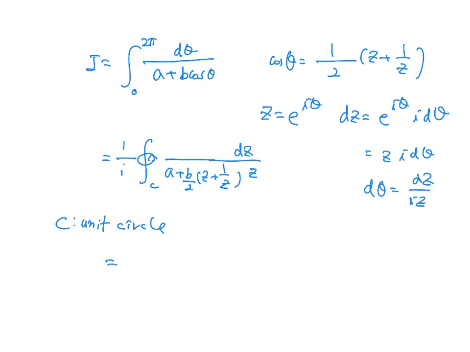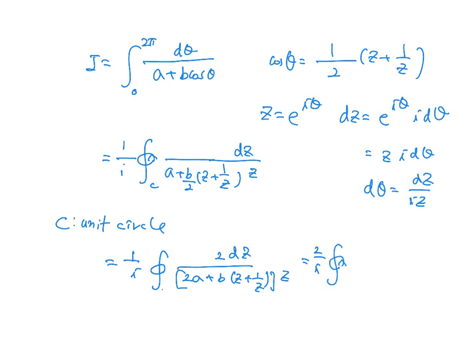So this is 2a plus b, c plus 1 over z, z over 2d, dz, right? Two over ib.